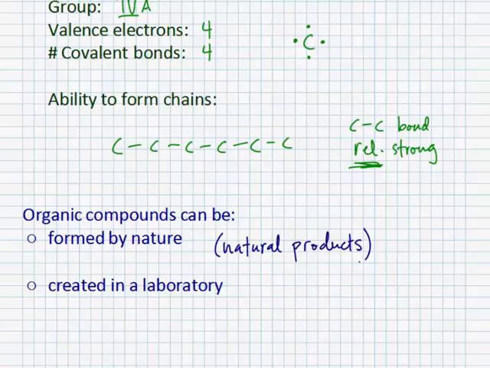Those 30 million compounds we referenced before, the vast majority of those, I think, have been synthesized in nature. They can be extracted from plants and from animals and things like that. Oftentimes those substances go on to be the precursors for useful substances like medications and new materials and so on. Organic compounds can also be created in the laboratory. Those are usually called synthetic products.